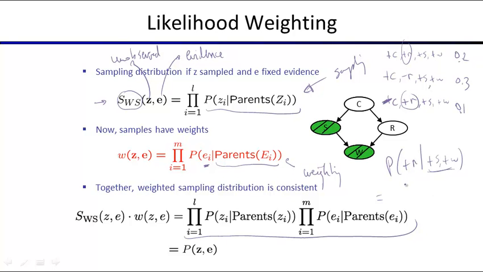So this is equal to 0.2 plus 0.1 divided by the sum over all the weights, which is 0.2 plus 0.3 plus 0.1, which gives you 0.3 over 0.6, which is 0.5. So that's how you use these weighted samples.